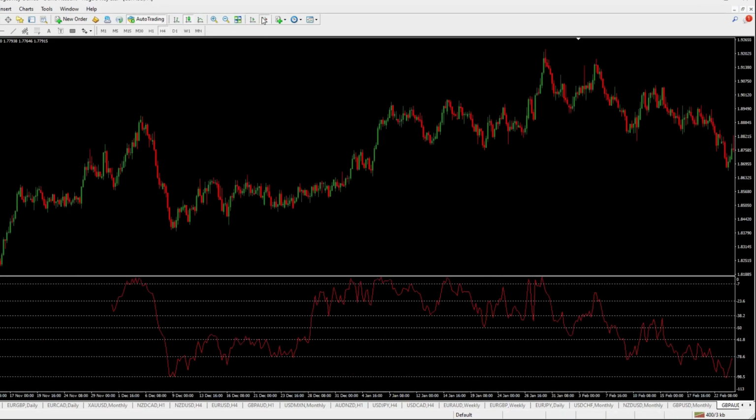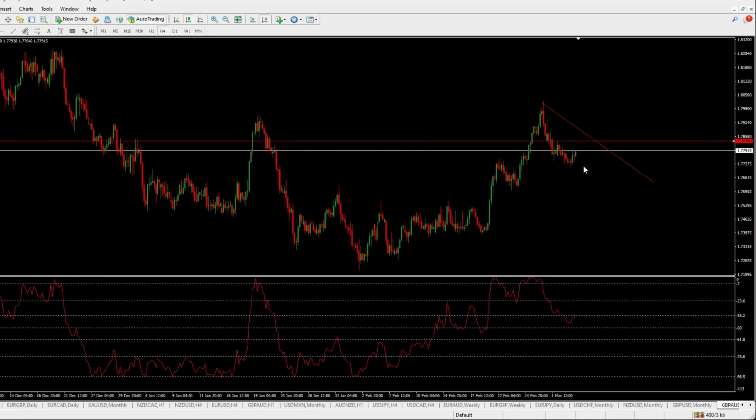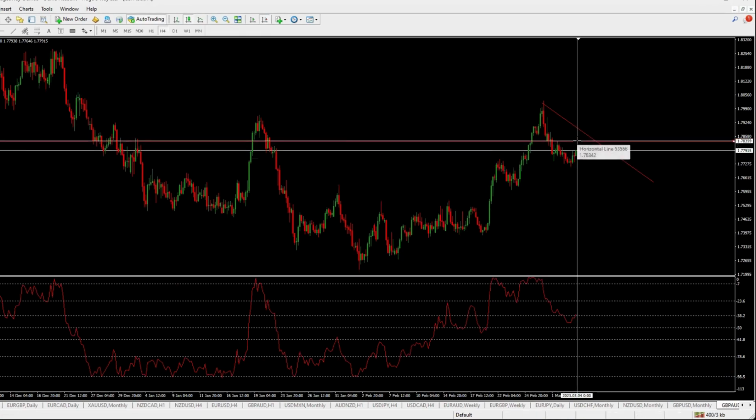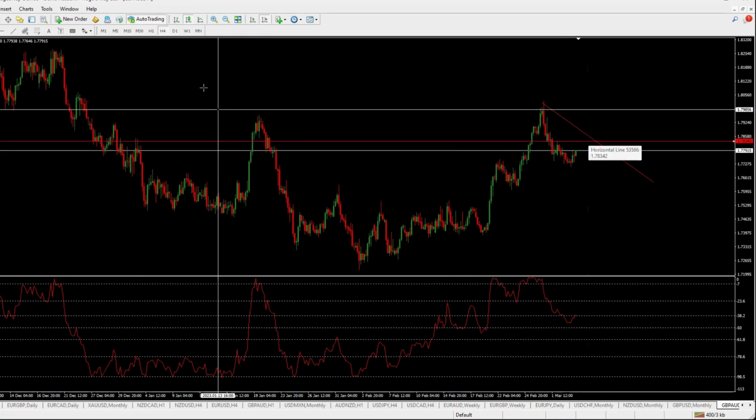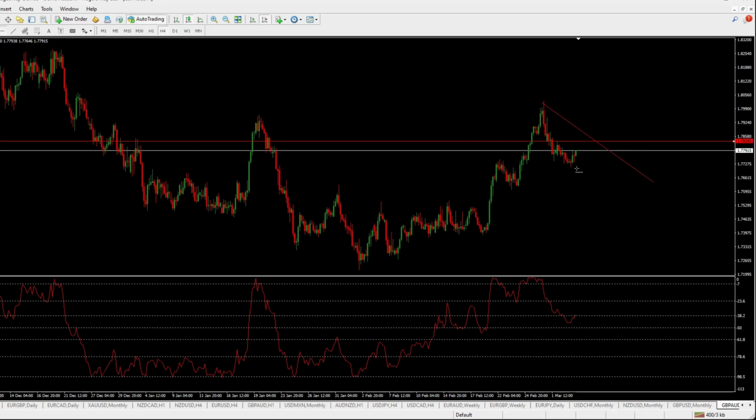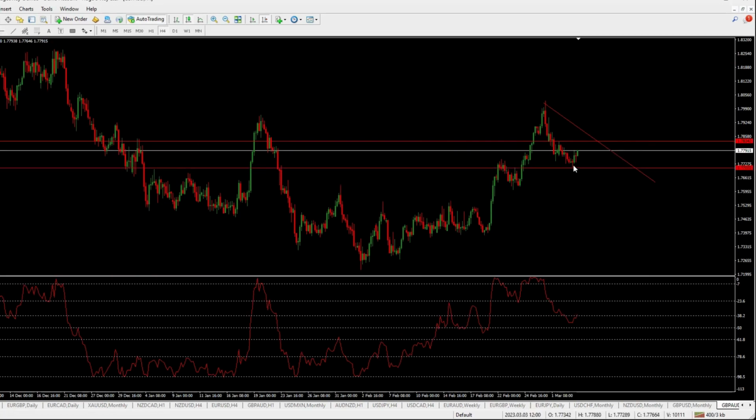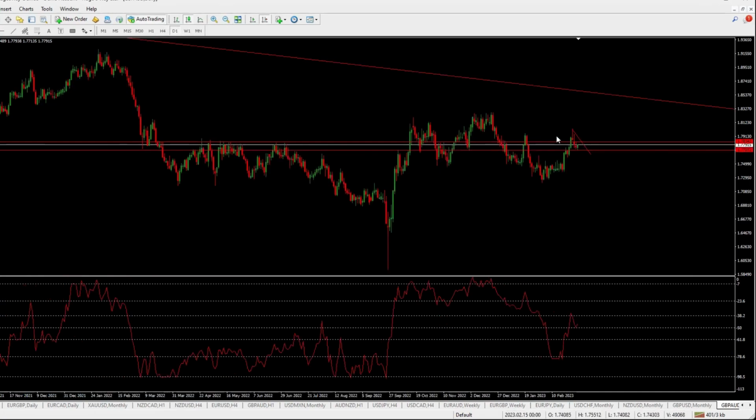But in this, I would just wait for a break. I'm going to put a horizontal here at the support, and then I want to just wait for a break, honestly. So I do want to take this trade.